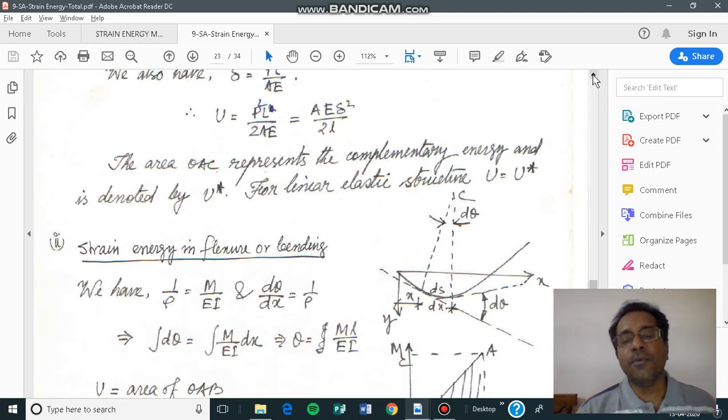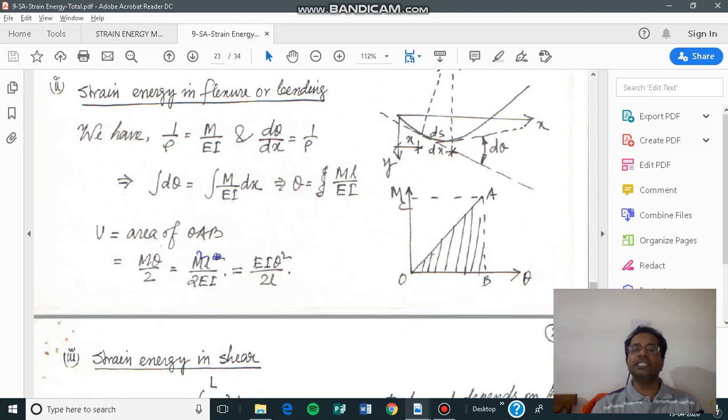So for the beam or frame problems, we don't take into account the strain energy of other forces. We only take the strain energy of the flexural force, the bending moment. This expression is essential to get the slopes and deflection of beam or frame members.